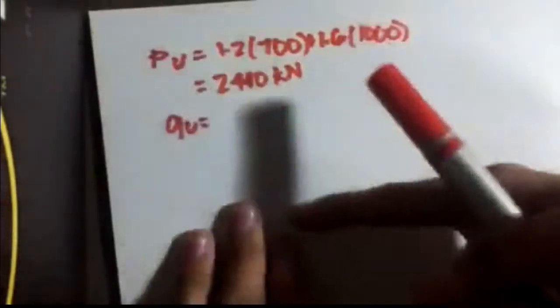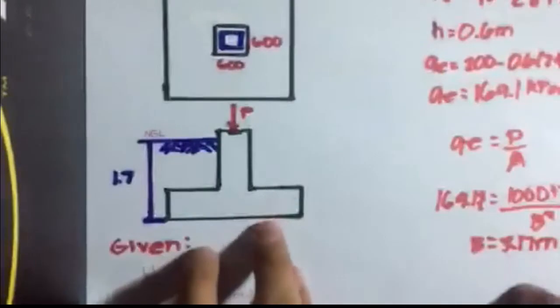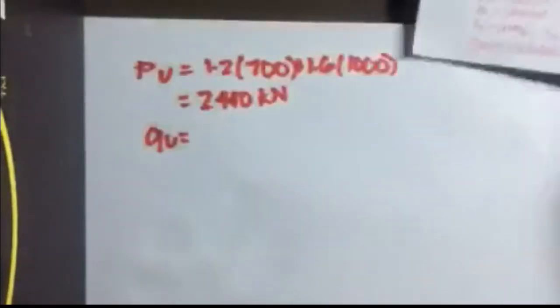So for the Q ultimate, we just need to use the PU over the area of the whole footing. So we just need to square what we got earlier, which was 3.17.